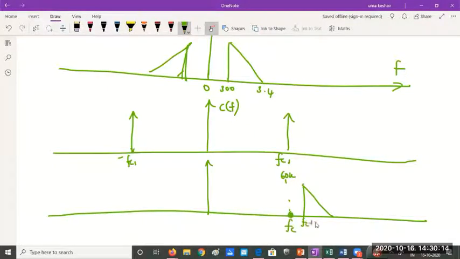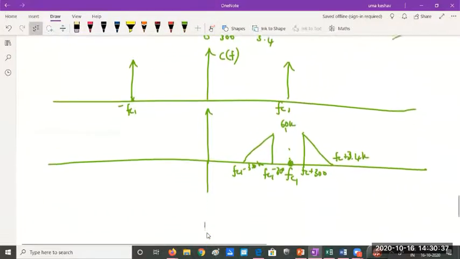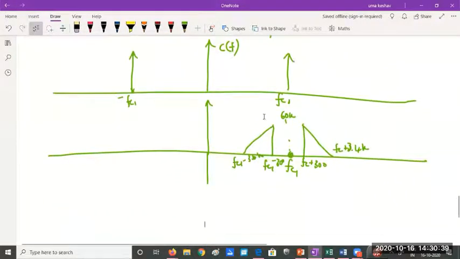So this will be FC plus 300, FC plus 3.4K, if I consider that signal only. And here, FC minus 300, FC minus 3.4K. Now I'm going to use a filter here.